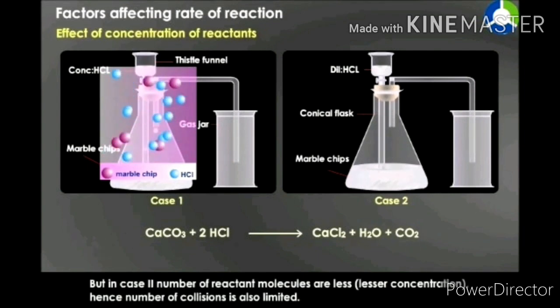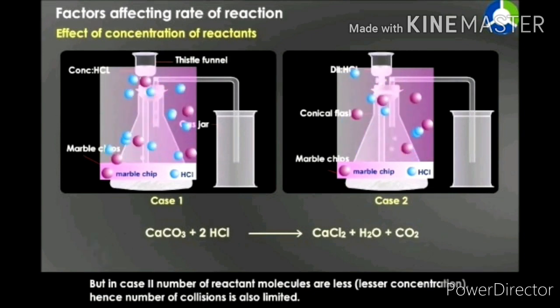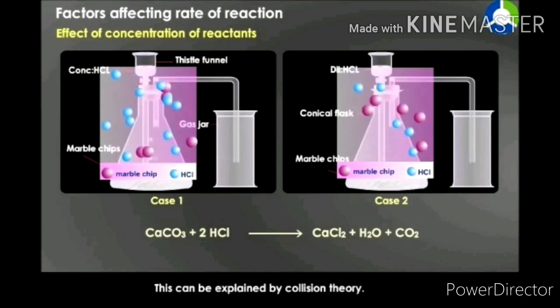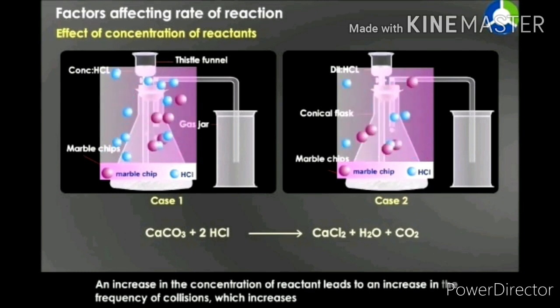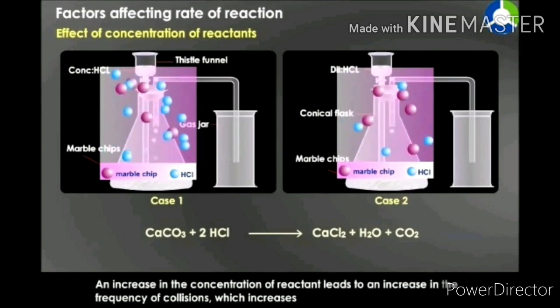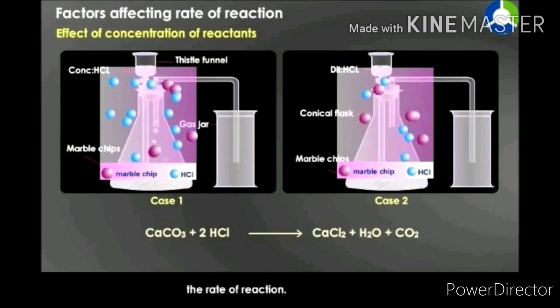In case 2, number of reactant molecules are less, hence number of collisions is also limited. This can be explained by the collision theory. An increase in the concentration of reactants leads to an increase in the frequency of collisions, which increases the rate of the reaction.